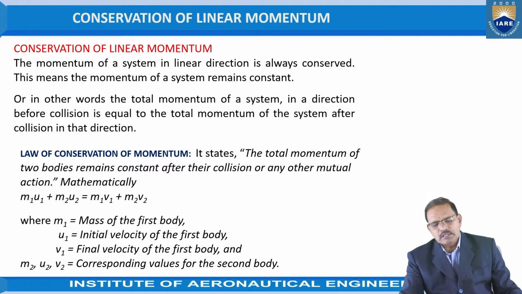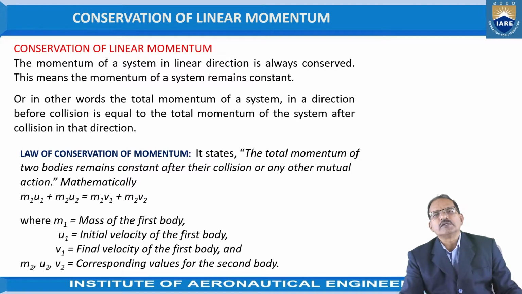That means the momentum possessed by the body initially should be equal to the momentum possessed finally, which remains constant, meaning the resultant force acting on the body is 0. Or in other words, the total momentum of the system in a direction before the collision is equal to the momentum of the system after the collision in that direction.